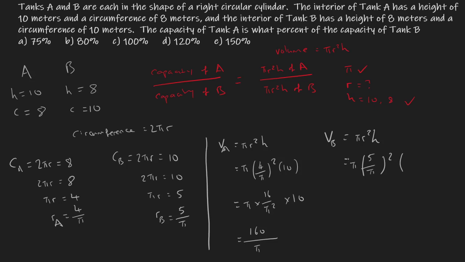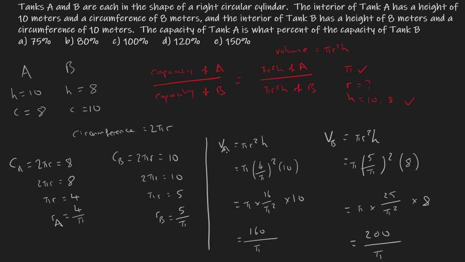In this case, the height is 8. Again, same thing as before. We have pi times 25 over pi squared times 8. 25 times 8 gives you 200. Pi divided by pi squared gives you just 1 over pi.